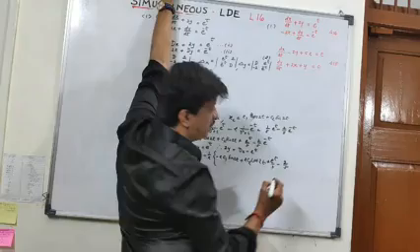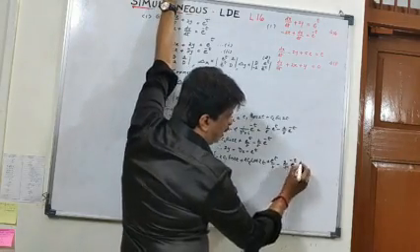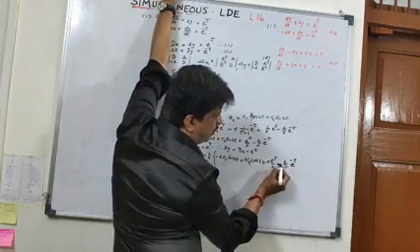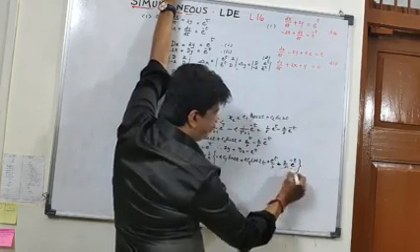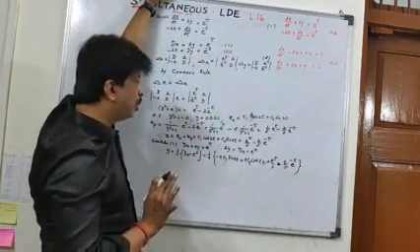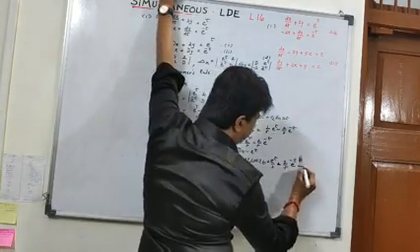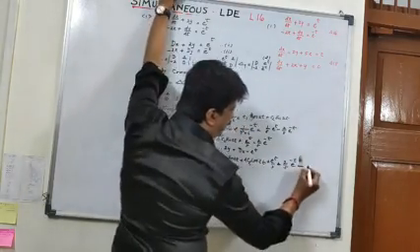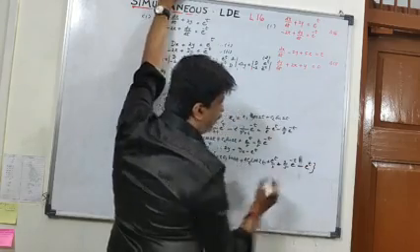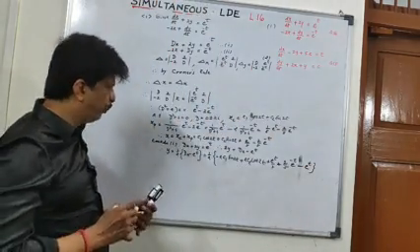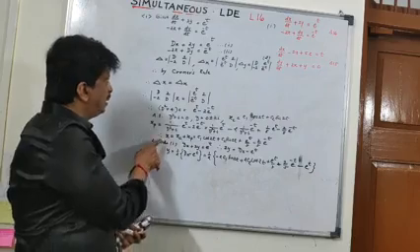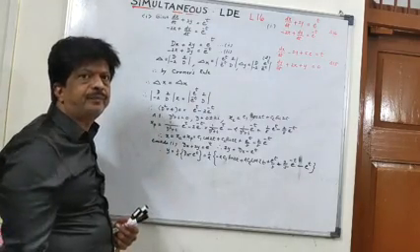Derivative of e raised to power minus t is e raised to power minus t into minus 1. This becomes a positive term. Sorry, it is dx by dt minus this term e raised to power t. So this is the value of x, this is the value of y.